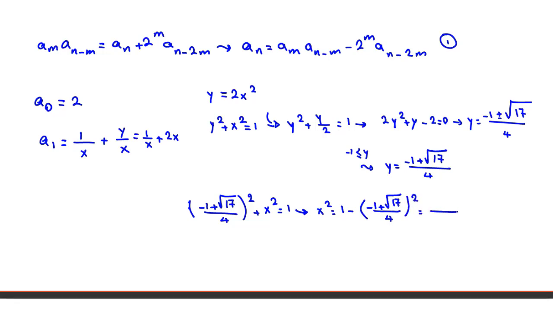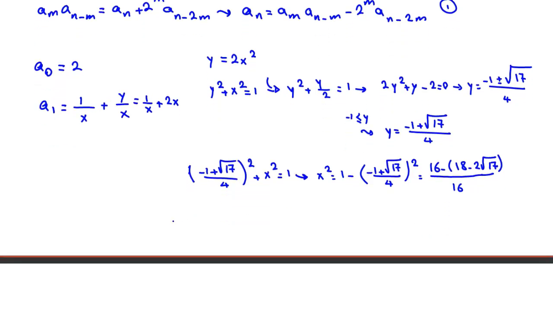So if we factor out 16, it will be 16 minus (1 plus 17, 18 minus 2 root 17), and then x squared will be 16 minus 18 plus 2 root 17 over 16.